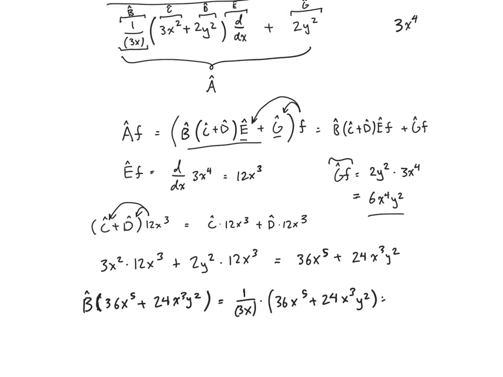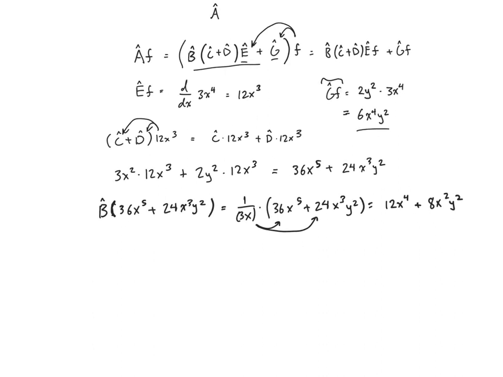And then I can distribute that 1 over 3x, and I should get 12x to the fourth. I'm just distributing this times that, and then also times that one, plus 8x squared y squared. All right, we're almost done, but not quite.